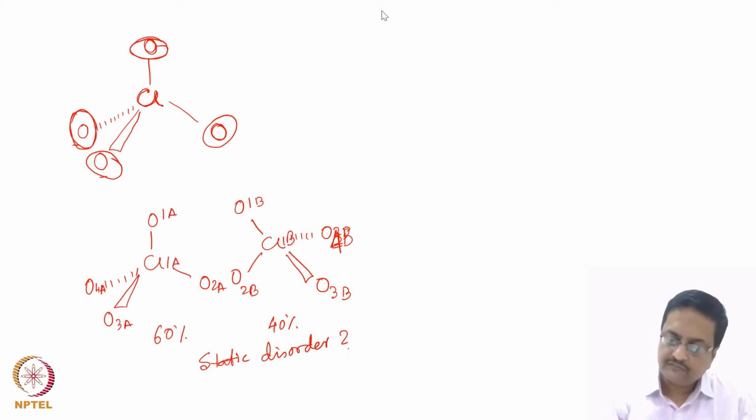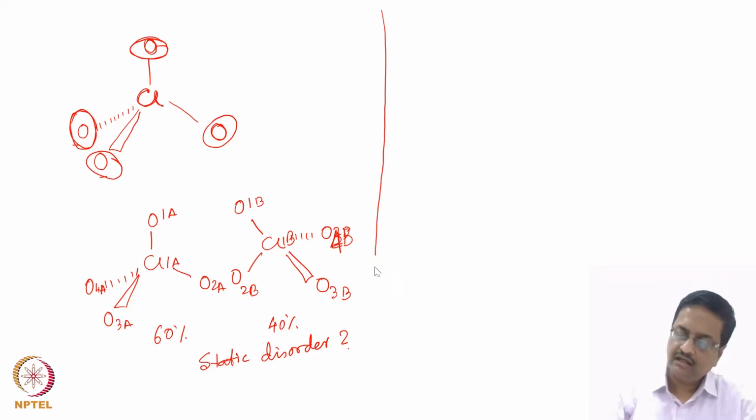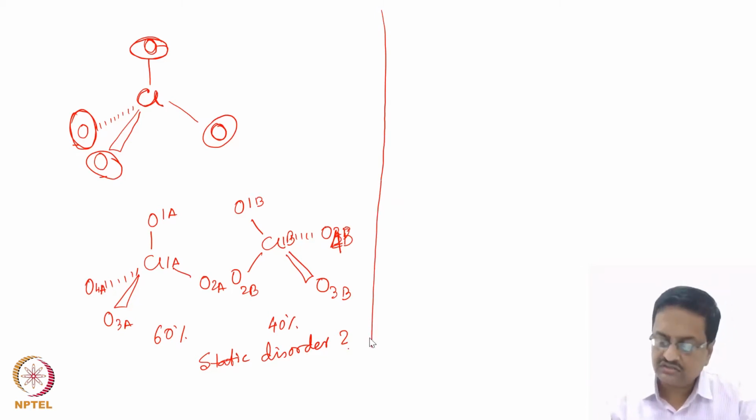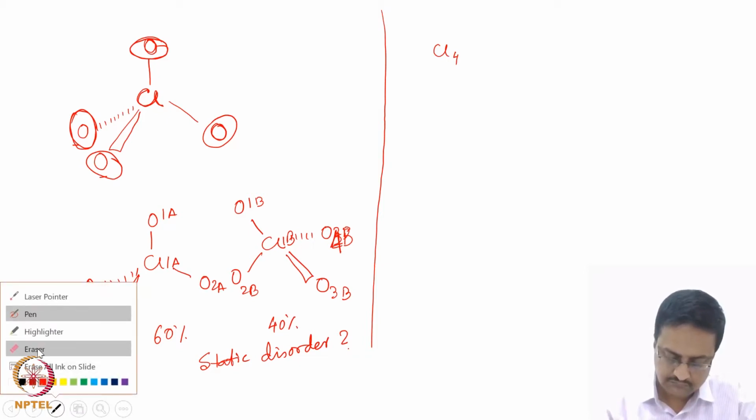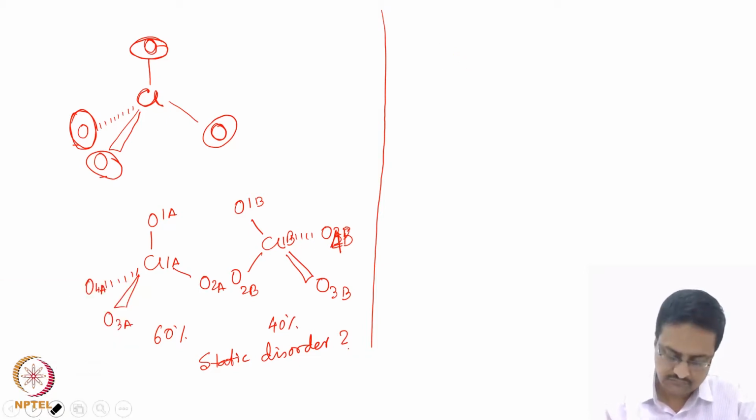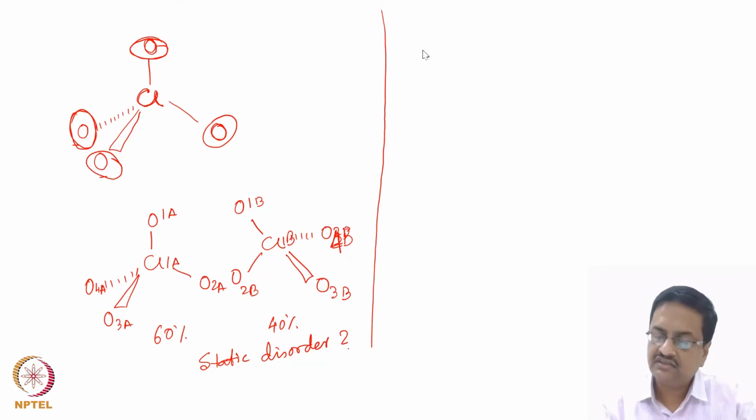You see, different types of anions can cause this type of disorder. The examples are ClO4 minus, BF4 minus.